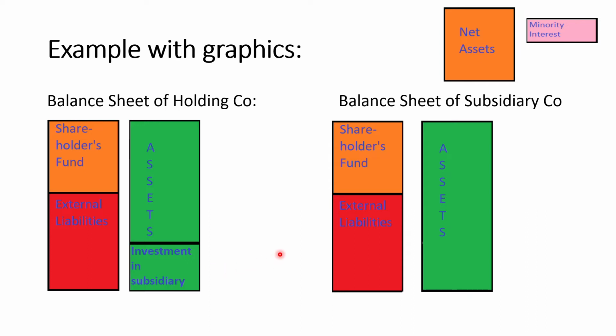As I told you, if we want to know the collective financial position of the group, we shall replace the investment in subsidiary from the balance sheet of H Limited with the net assets of the S Limited.